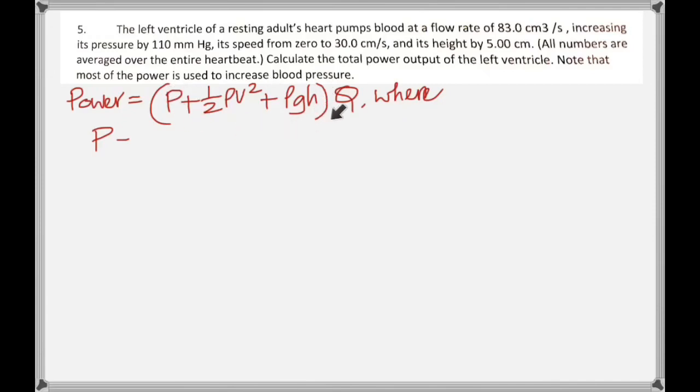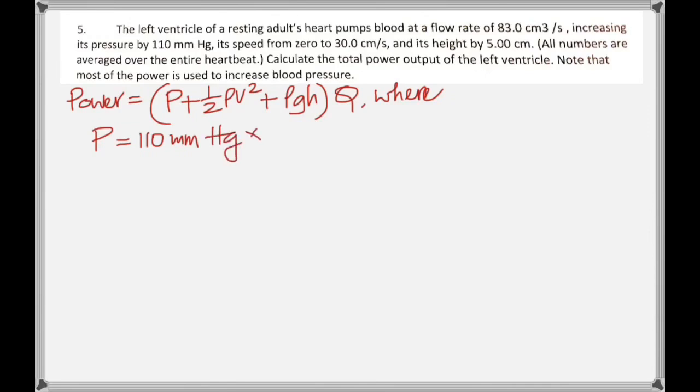This whole thing gives you the energy, and then you have Q, which is volume flowing per second. And so this is the formula to find power. Technically this comes out to be the pressure times volume by time. So that's how you find the power.